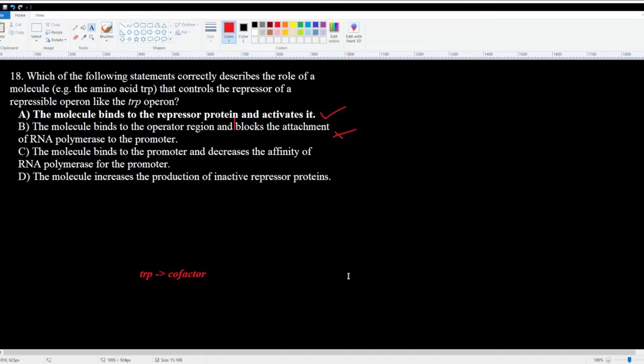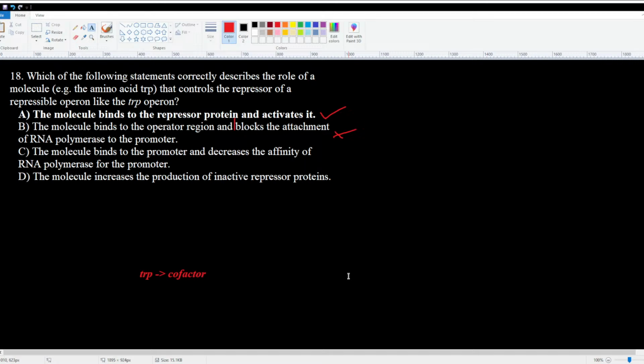So C and D. C says the molecule binds to the promoter to decrease the affinity of RNA polymerase for the promoter. Well, that one's not right. For one, it wouldn't bind to the promoter, like we said; it binds to the repressor protein, right? And it doesn't decrease the affinity of the polymerase. It would just straight up block it, right?